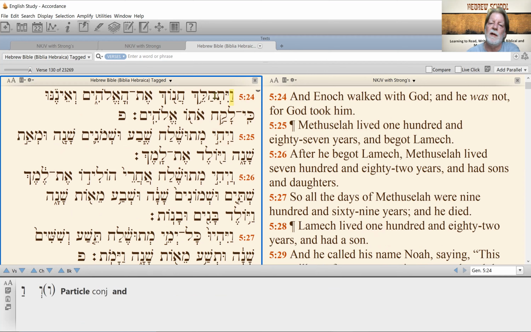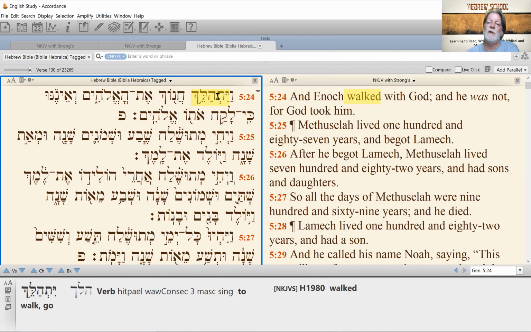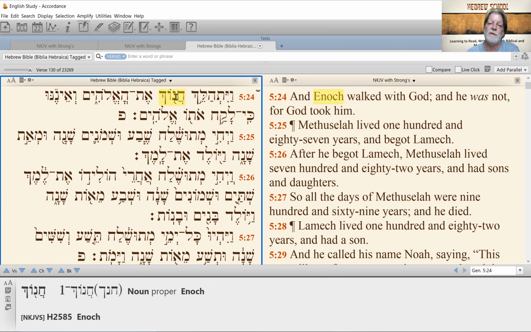Verse 24, vayithalek, again, this is hitpael, so it's reflexive. He caused himself to walk, Hanok, the subject, et ha-Elohim, with God, ve, and enenu, he was not. That's a weird thing to say. He walked with God, and then he wasn't.